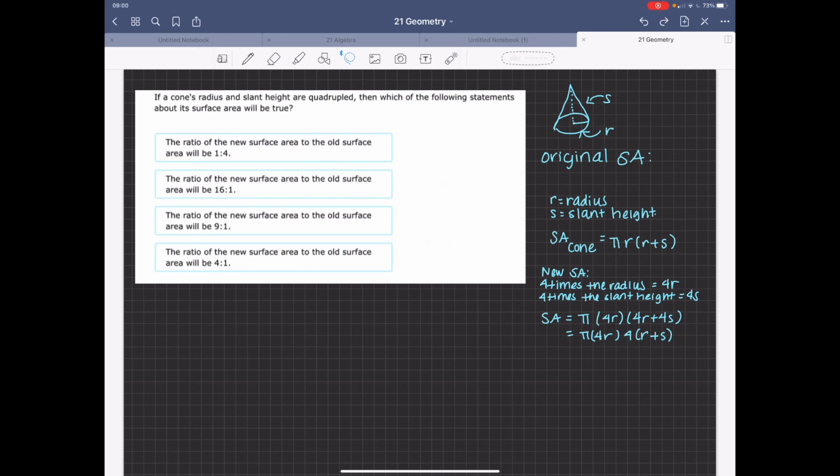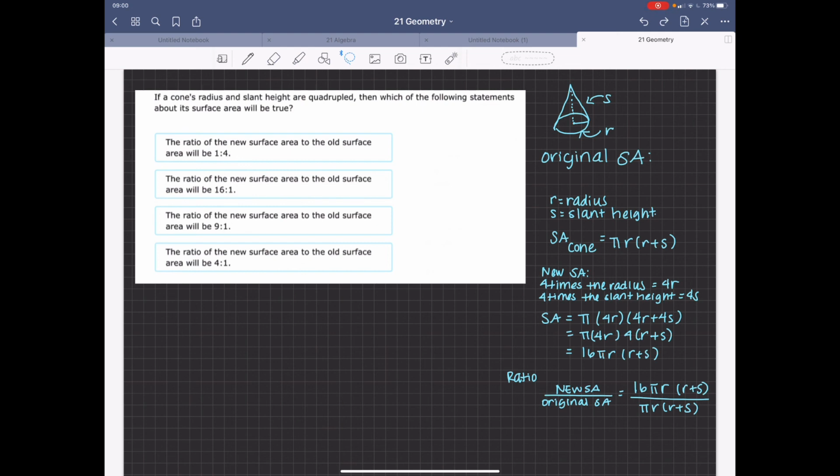So at the end, I'm going to get 16 pi R times (R plus S). And then I'm going to create the ratio, where my ratio is going to be the new surface area divided by the original surface area. And that's going to be 16 pi R times (R plus S) divided by pi R times (R plus S).